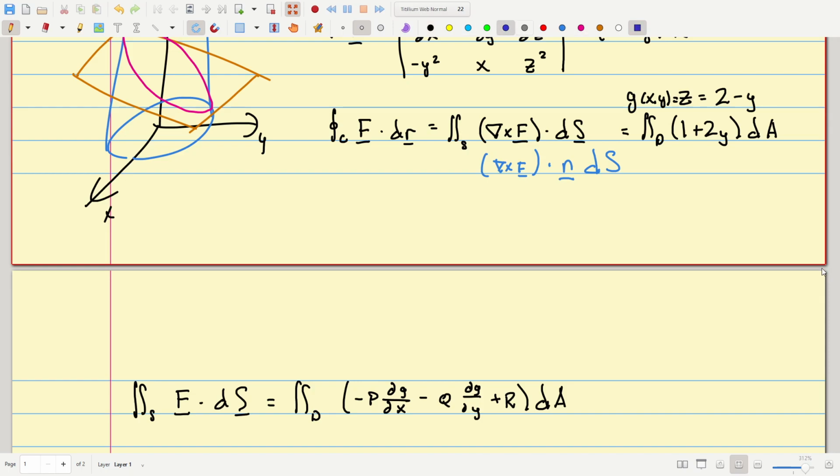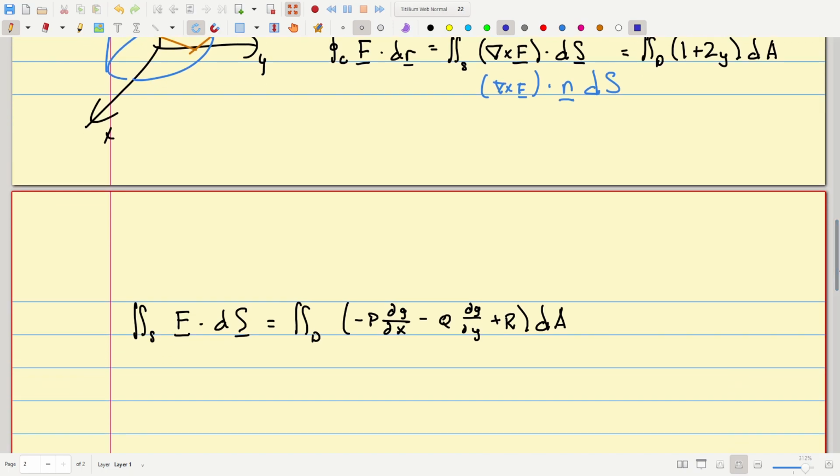Okay, let me say all the words here. We have the curl of f, and that's replacing f in this expression. The curl of f is 0, 0, 1 plus 2y, sorry. I made that mistake twice.